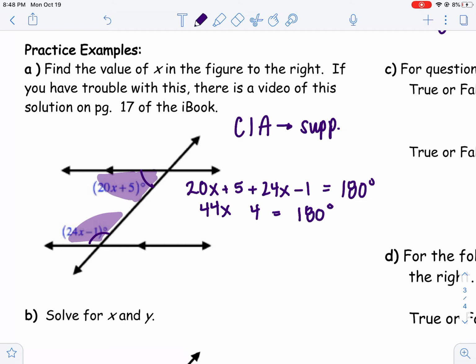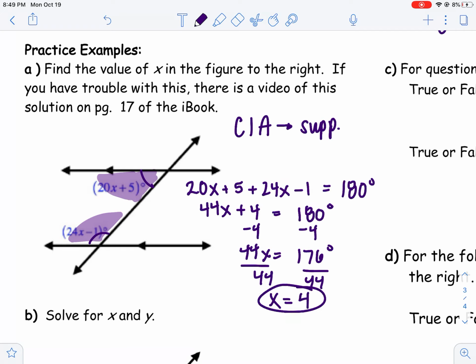Apologies. 5 minus 1 is a positive 4, so we would take 4 away from both sides. I'm sorry. Let me just check that I did this right before I keep making mistakes. That is so much better. X is equal to 4.